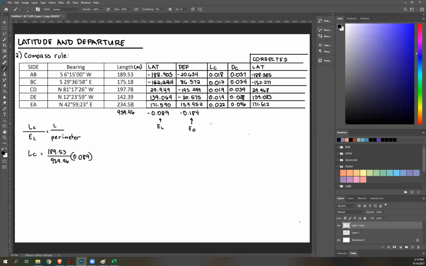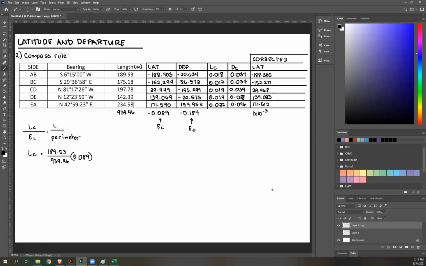Negative 152.294. Okay. So it's 1 times 10 raised to negative 3. So that's close enough. It should be 0, but since we've rounded off, that's why we didn't get exactly 0. So this would be 1 times 10 to the negative 3, 0.00 something.